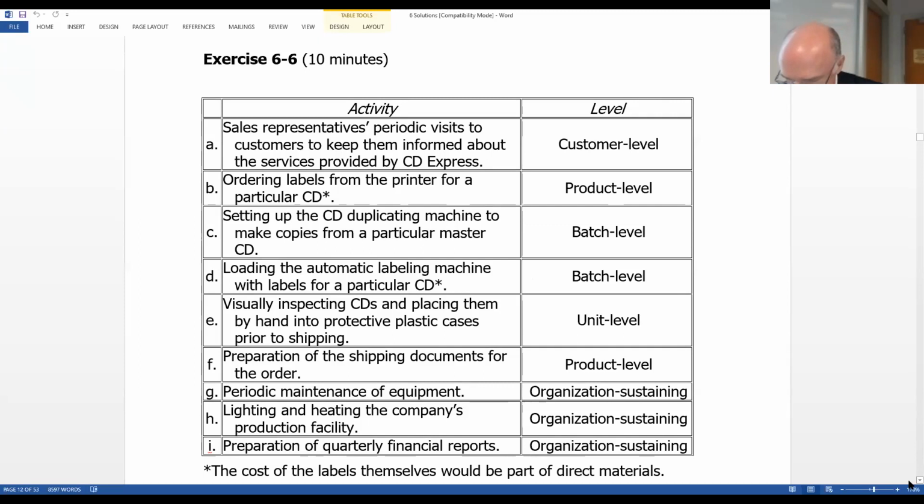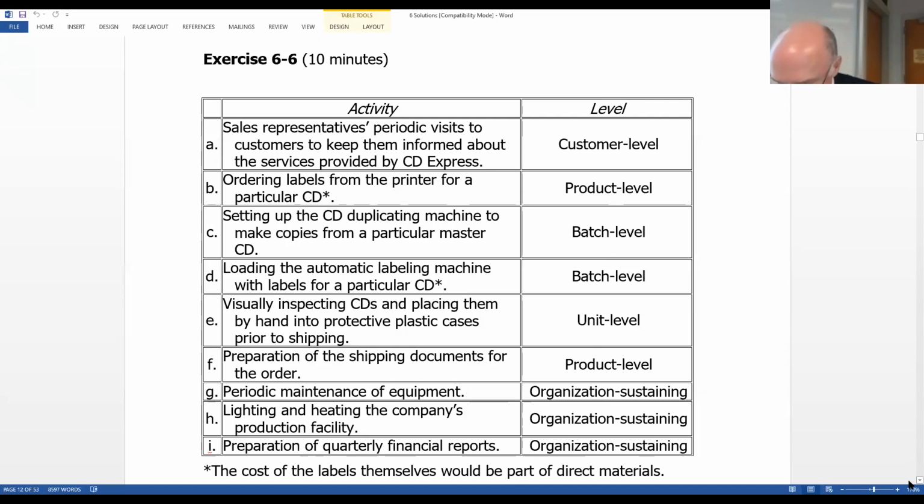Classify each of the activities above as either a unit level, batch level, product level, customer level, or organization sustaining activity. Duplicating a particular CD is a product level activity. Assume the order is large enough that it must be broken down into batches. CD Express Inc. provides CD duplicating services to software companies.